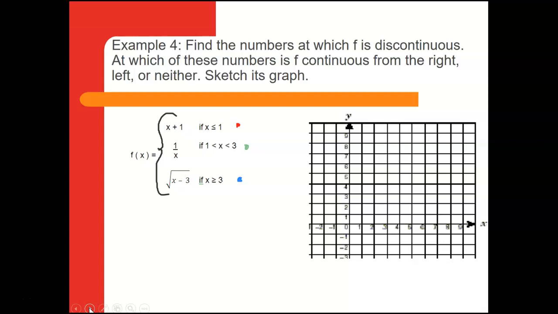So I have the point 1, 2. It represents a linear function with a slope of 1. So I can go backwards, down 1, left 1, down 1, left 1, down 1, left 1. Since it's all x values less than or equal to 1, there is an arrow pointing to the left.